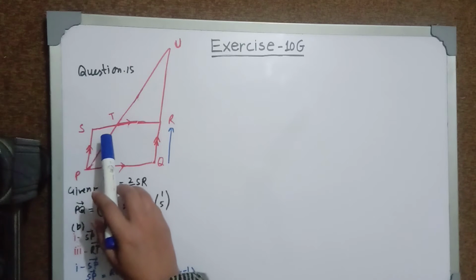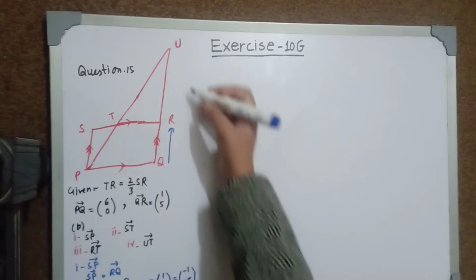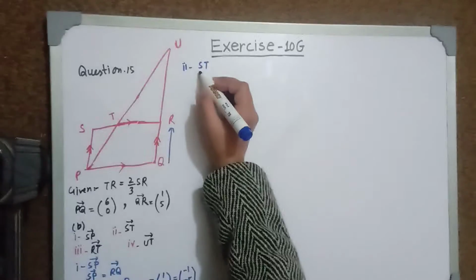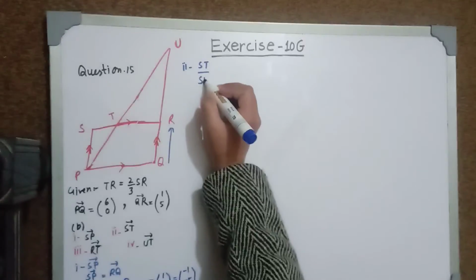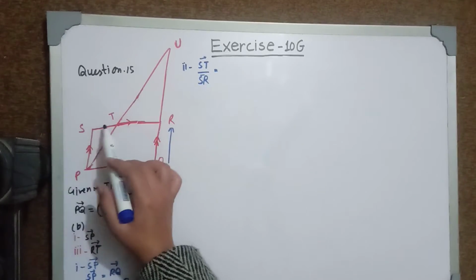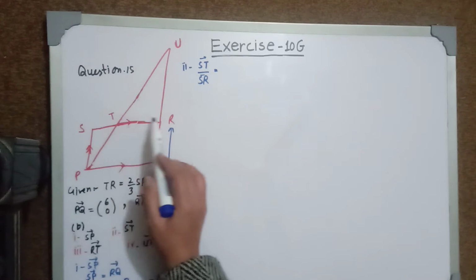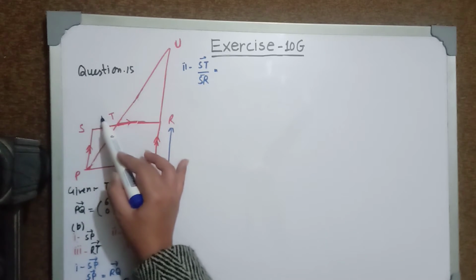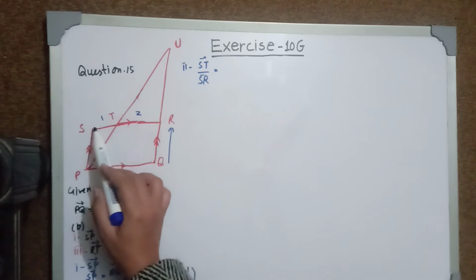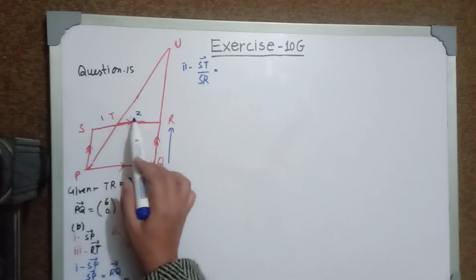If I take the ratio ST to SR, it will be 1 to 3, because it is clear from the figure that TR is twice ST. If ST is 1, TR is twice of ST. So if I take the ratio ST to SR, then as a whole SR will be 1 plus 2, which is 3.